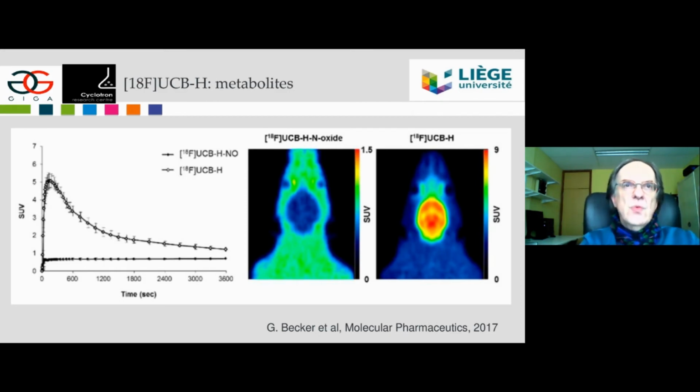So what you wish to know is what's happening with the metabolites, because over time, you may, for example, imagine that one of your important metabolites would be entering the brain, so that finally, what you're going to measure over time would not be the actual uptake and binding to your specific protein of interest, but might be a mixture of what is called the specific binding and a non-specific binding of a metabolite to all the sites.